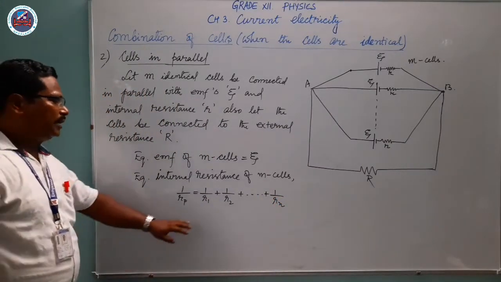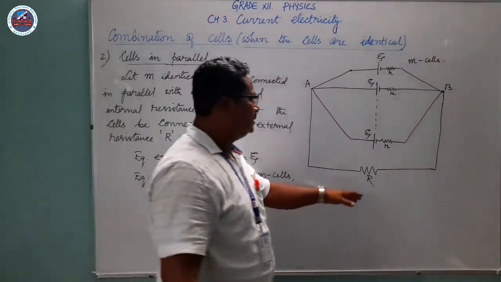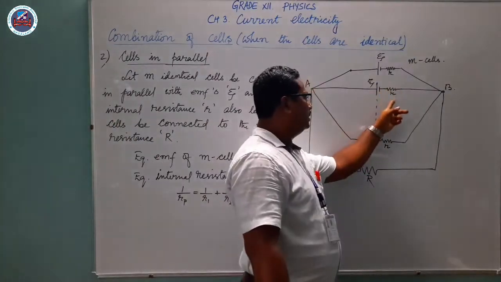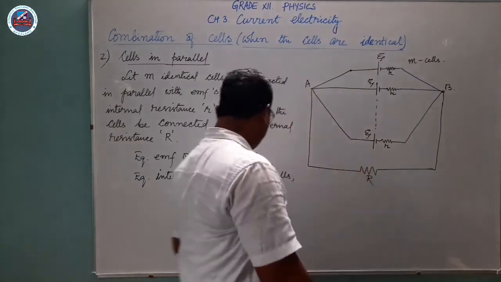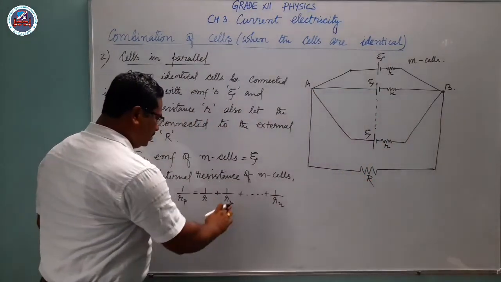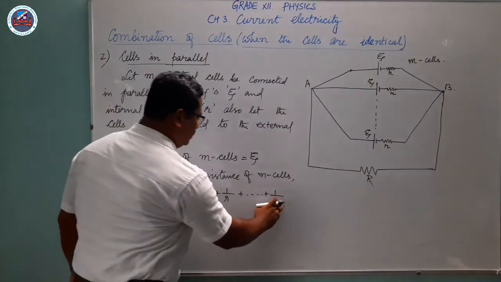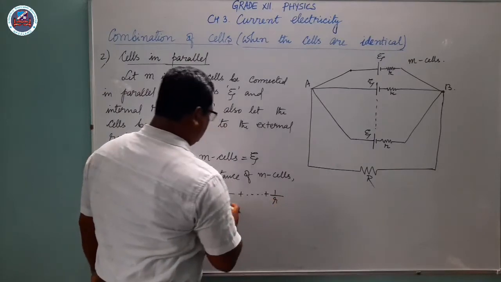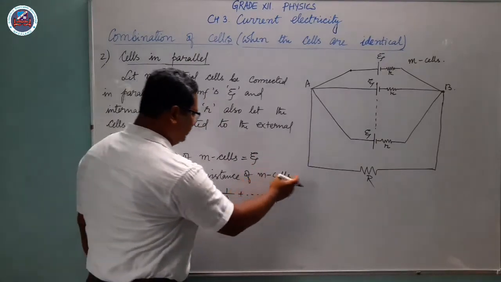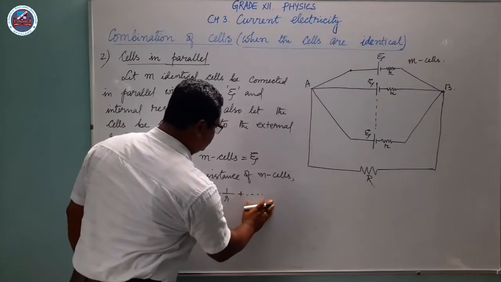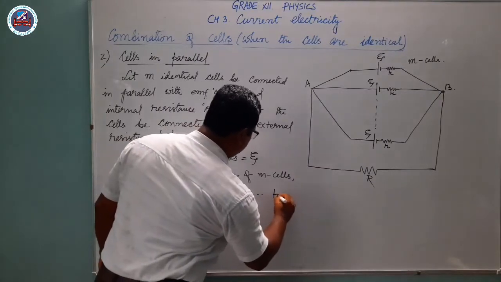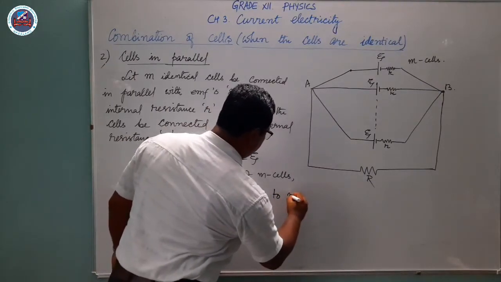But now R1, R2, R3, as the cells are identical, so it will be 1 by R plus 1 by R plus 1 by R. Everywhere it will be 1 by R plus 1 by R plus 1 by R plus 1 by R. How many times? We'll say m times, because n cells are there. So we'll write m terms.